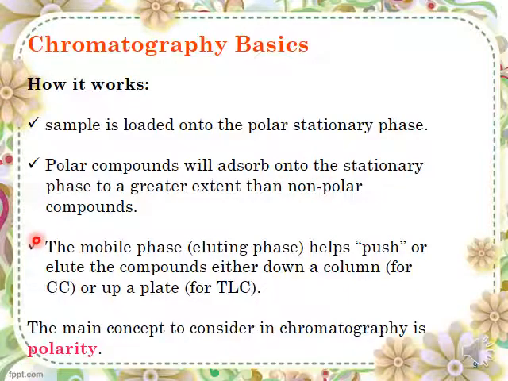The mobile phase will act as the eluting phase, which means it will help to push or elute the compound either down a column for liquid chromatography, or column chromatography, or up a plate through capillary action for thin layer chromatography.